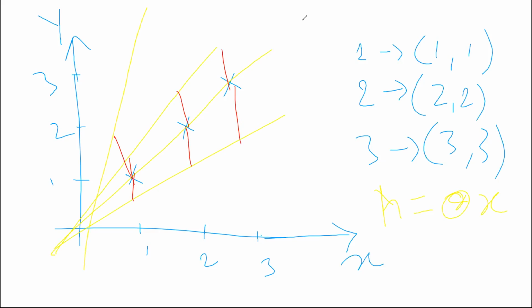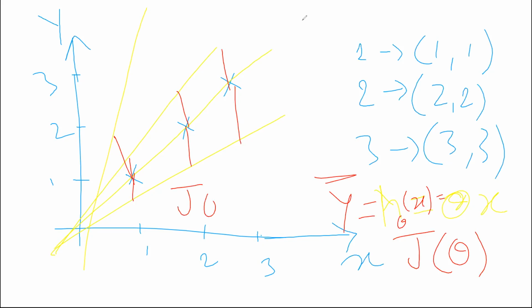So here J is the cost function. J of theta is the cost function. This is actually the y bar, the prediction, actually theta of x. For simplicity, sometimes we use y bar for the predicted value. And how do we find J of theta?